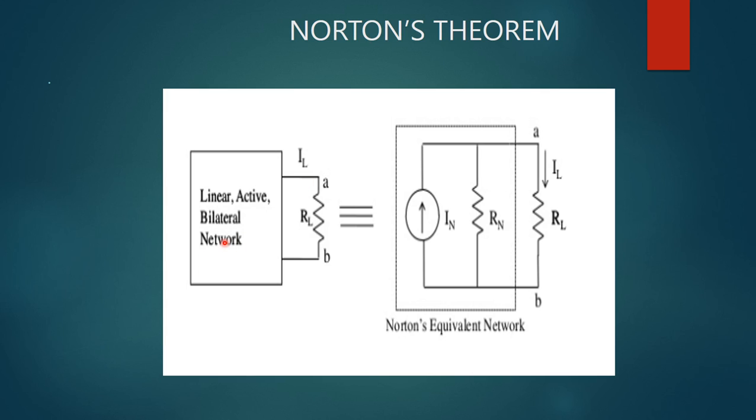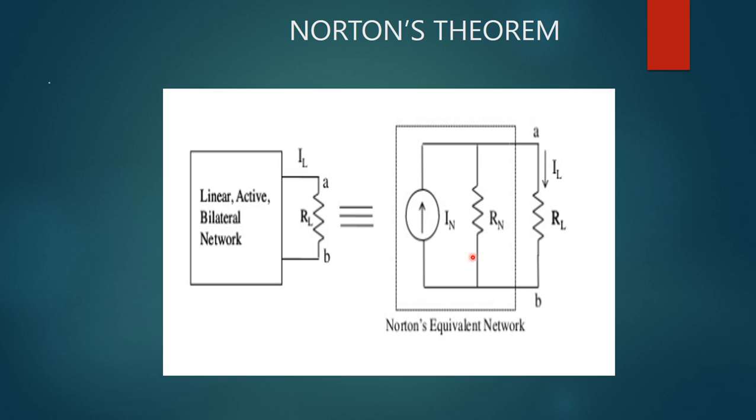One is a block circuit diagram in which there is an energy source and a complicated network, and these two points A and B are the terminal points across which a load resistance RL is connected, and a current IL is passing through this load resistance RL.